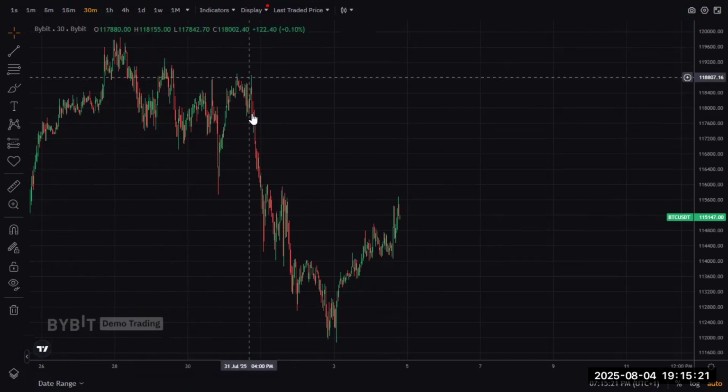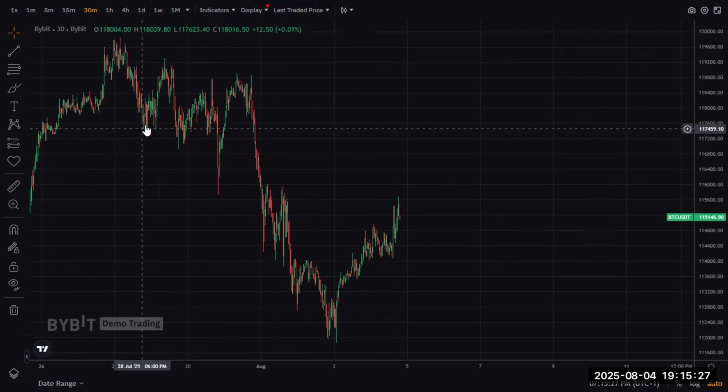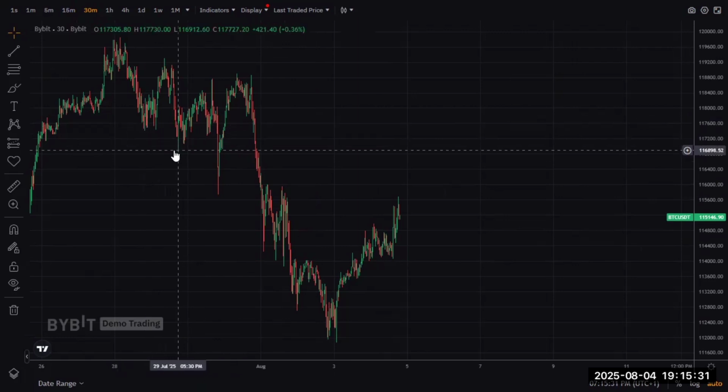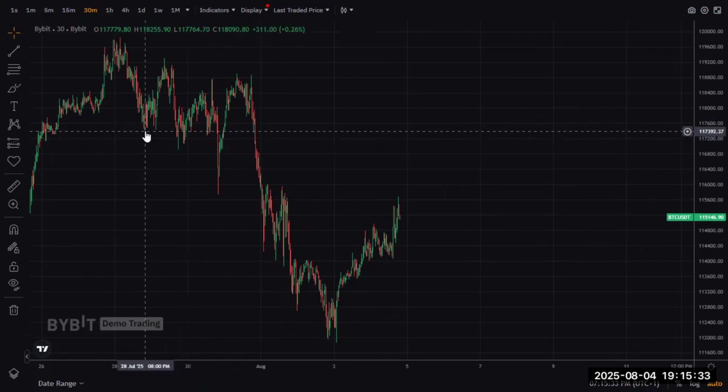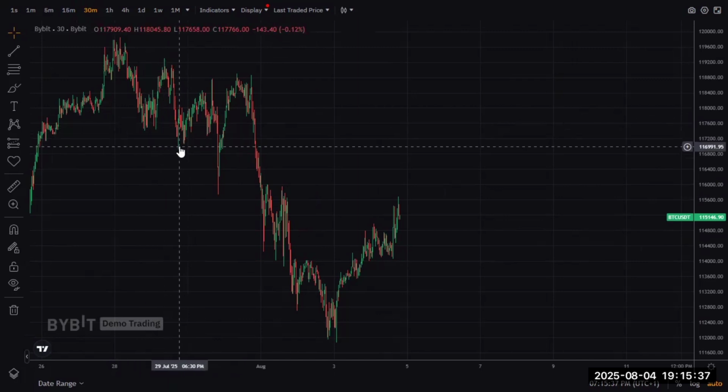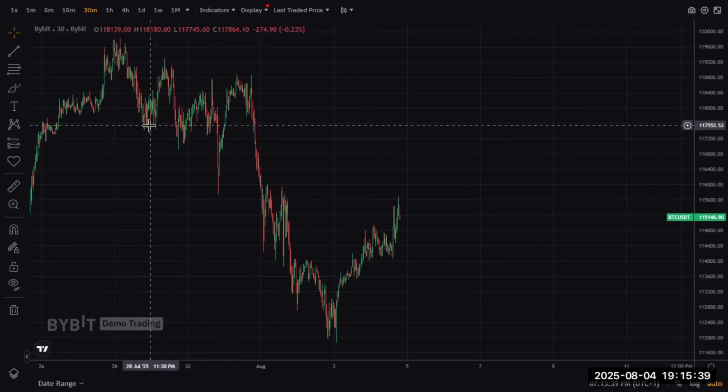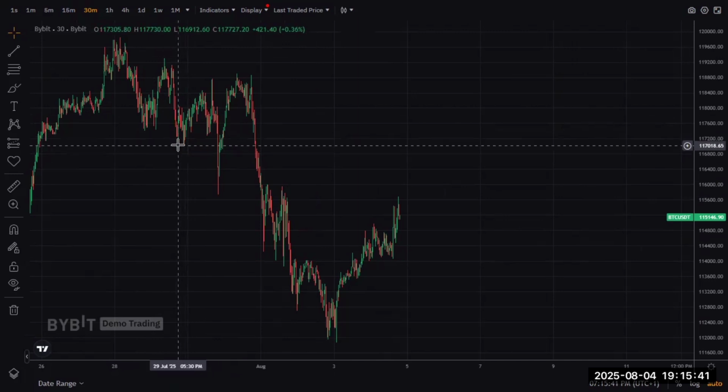Like that, we keep going. These low points in a downtrend are called lower lows. This is a low, but another low was formed that is lower than this previous low, so this low will be referred to as a lower low.